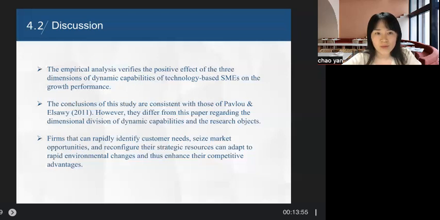Firms that can rapidly identify customer needs, seize market opportunities, and reconfigure their strategic resources can adapt to rapid environmental changes and thus enhance their competitive advantages.